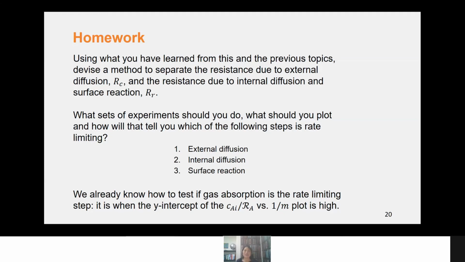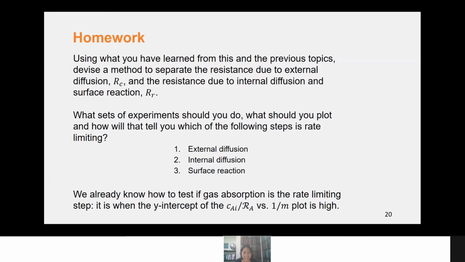For example, you've seen before in topic 3 that increasing the temperature of a process that is controlled by internal diffusion doesn't have a significant effect on the rates. But decreasing the particle size does. The step that has the highest resistance controls the rate. So this is the step that we need to target.